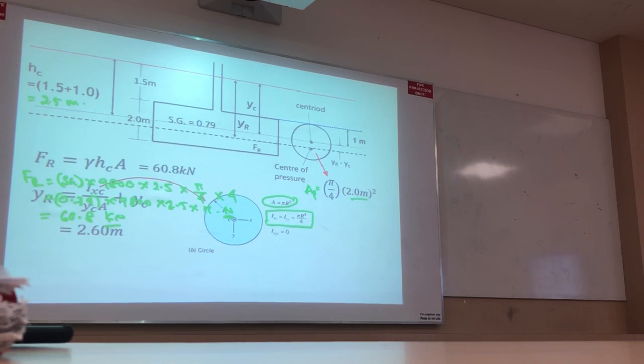So from there I can calculate YR, which is equivalent to YC, which is 2.5, right? 2.5 plus pi by 4 times R, which is 1, to the power 4, divided by 4, right? And 2.5 times area, pi by 4 d square. Then I can get YR as 2.6 meter. Very simple.